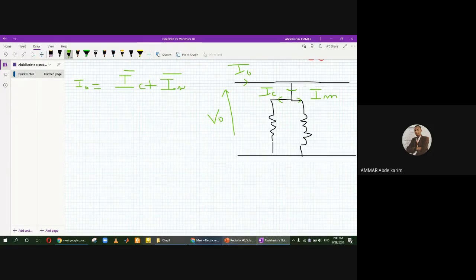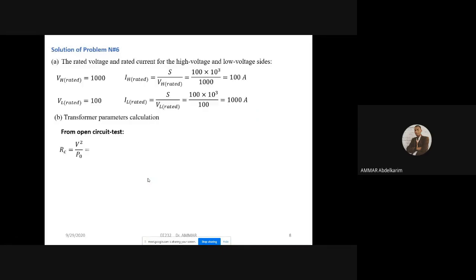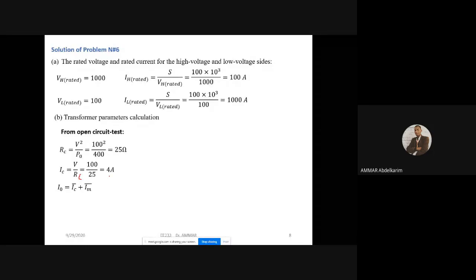But vectors. Okay. So IC equals what? IC equals V over RC. So it's RC here, equal to 100 over 25, and it's 4 amp. And we know that I0, which is the no load current, equals IC plus IM vectors.